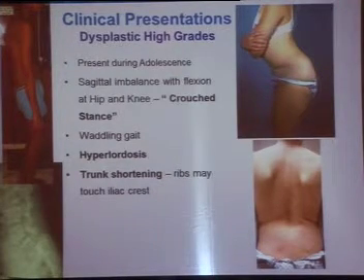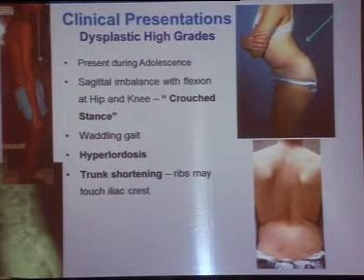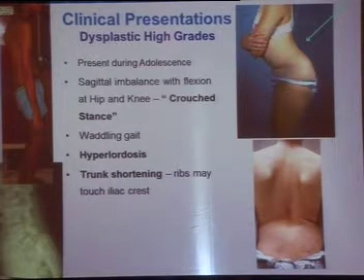They classically present during adolescence like AIS, and they come with a crouched gait, with backache, with leg pain, with increased hyperlordosis just above the lumbosacral kyphosis, and also with a classical shape of the pelvis, which is called a sweetheart pelvis.